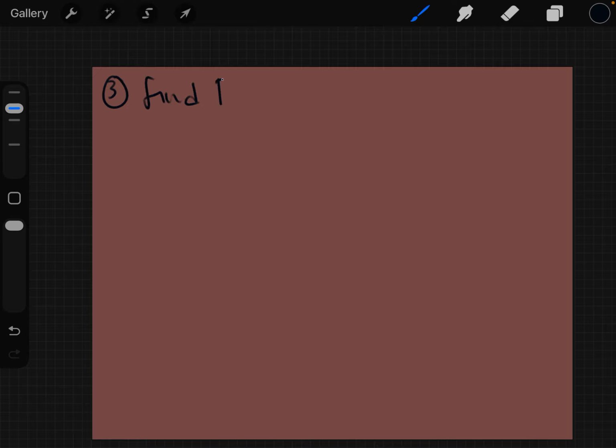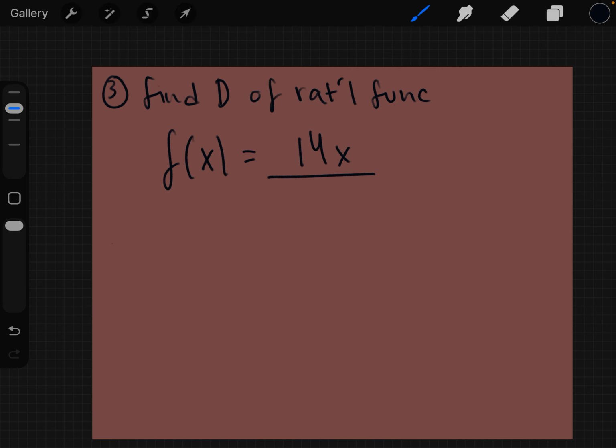Find the domain of the rational function. We know with a function that is a fraction, the bottom can't be 0.